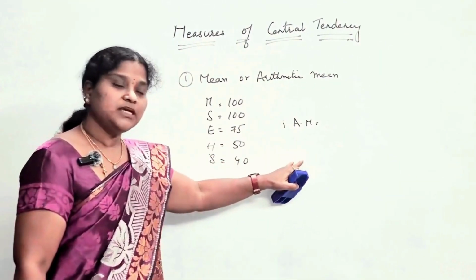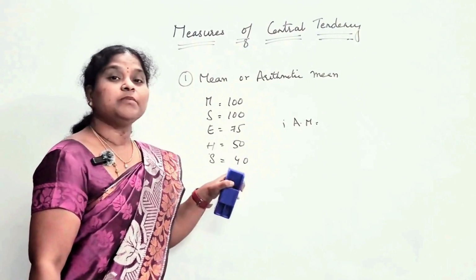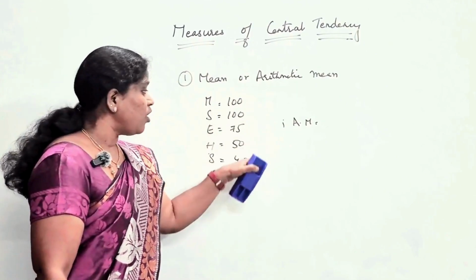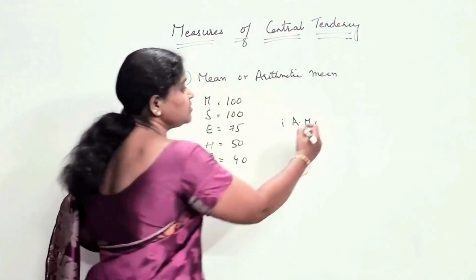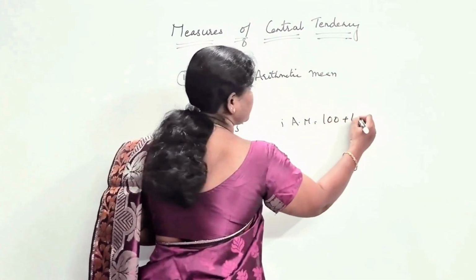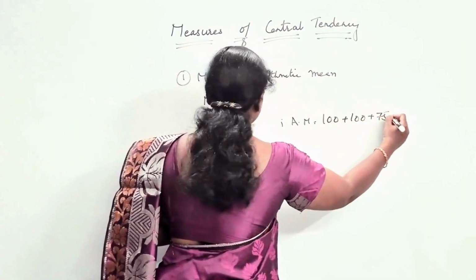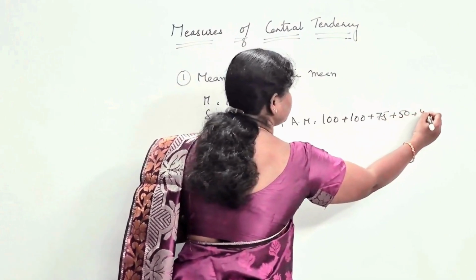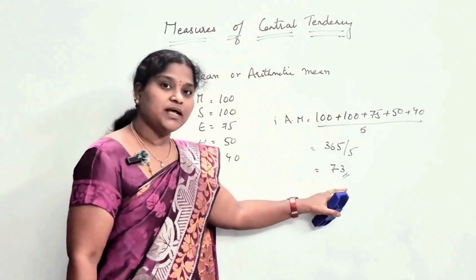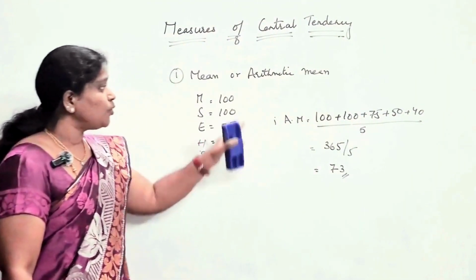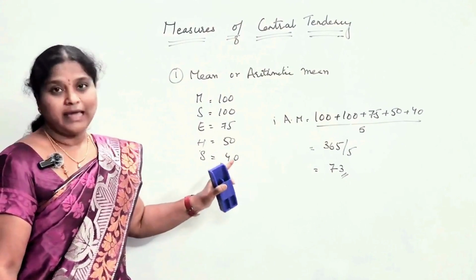The arithmetic mean for this data can be found out by adding all these values and dividing by the number of values. That is 100 plus 100 plus 75 plus 50 plus 40 divided by 5. So 73 is the value that represents the overall performance of the student X.